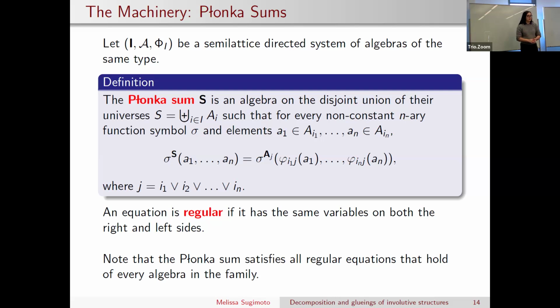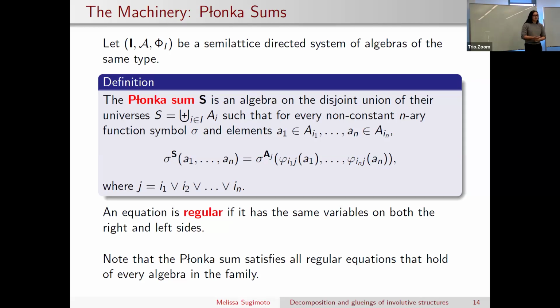Well, we do this by taking all of those indices, i_1 to i_n, taking their join, let's call that j, and now we bring each element through the phi map up into the jth component and just perform whatever the operation sigma was there. So we bring everything into the same component, perform the operation using the operation that already exists on that algebra. And we go through and we do this for every function symbol that appears in the signature of this type of algebra.